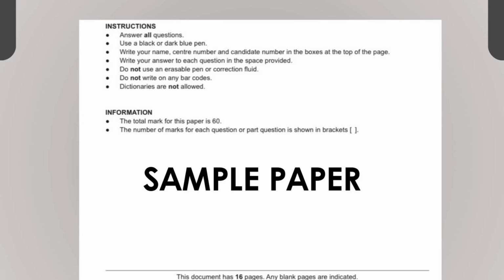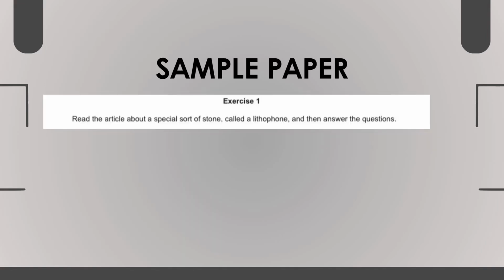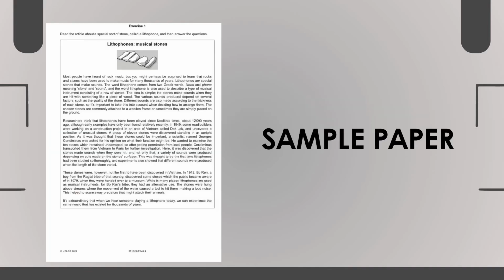So now let's look at the first page inside the exam paper. This is how your first page looks like. Bear in mind that this exam names the sections exercise 1, 2, 3, 4, 5, 6. So what do we do with exercise 1? First of all, you are required to read the whole article and then answer the questions that follow.